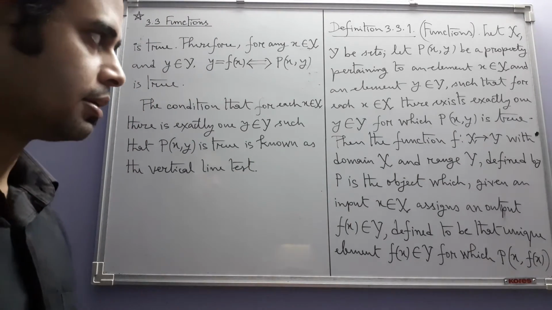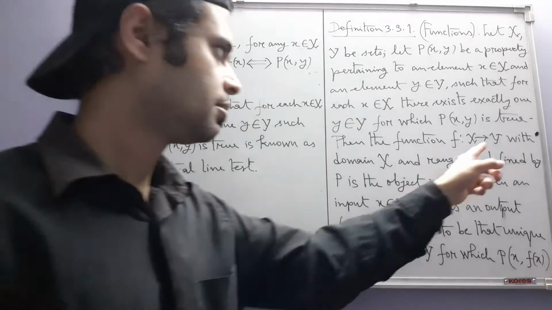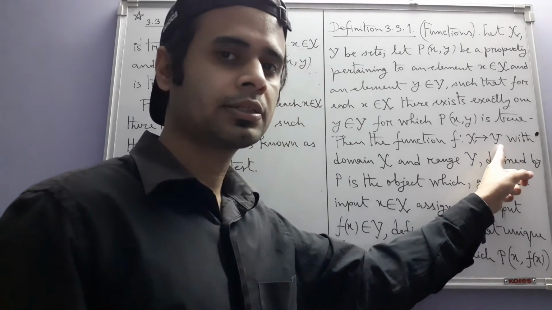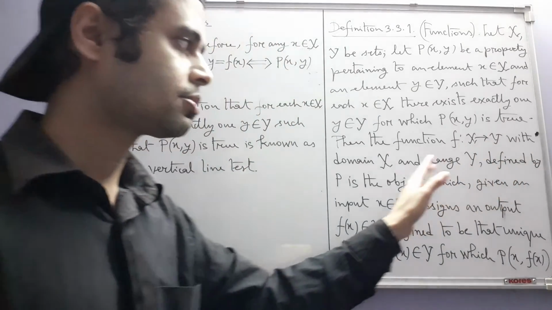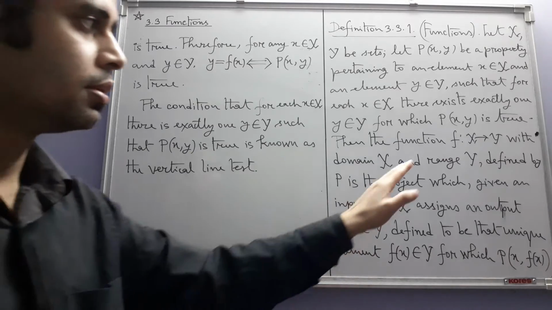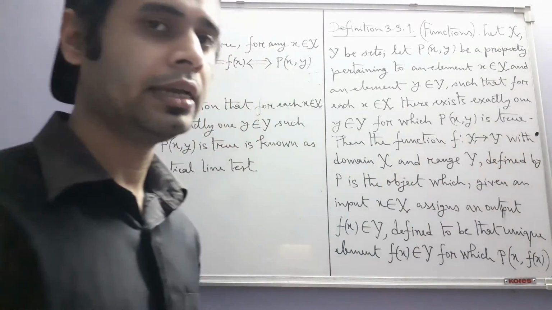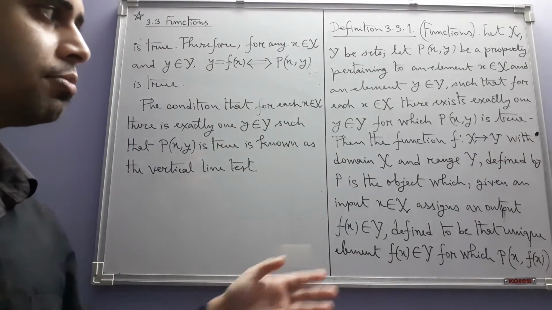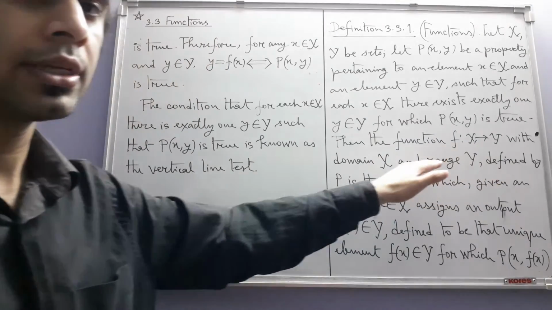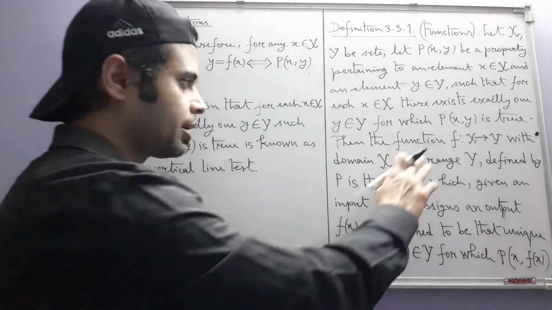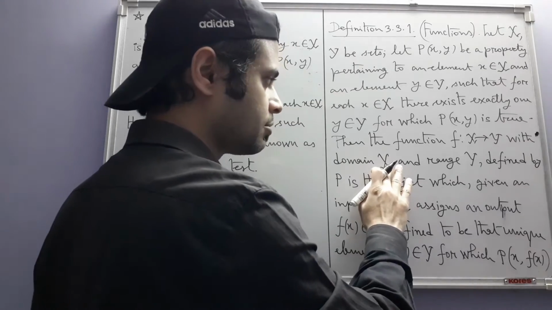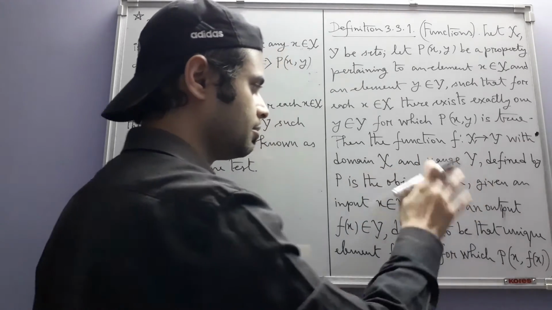In some texts, the authors call this second set codomain, but that's not what we are going to use. We are going to call this range. In analysis, we generally call the second set range. So the function has the first set as its domain and the second set as its range.